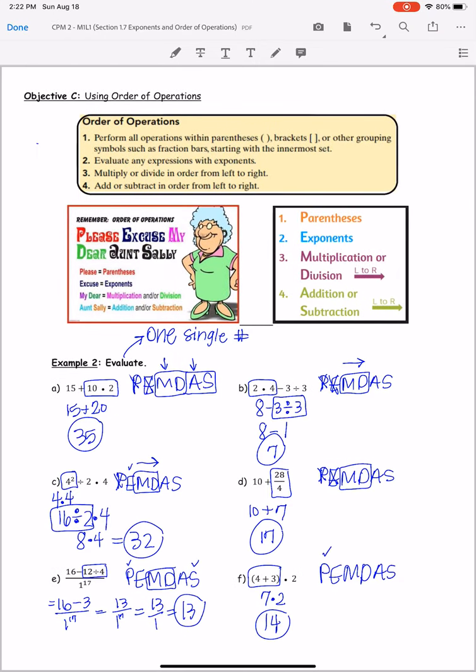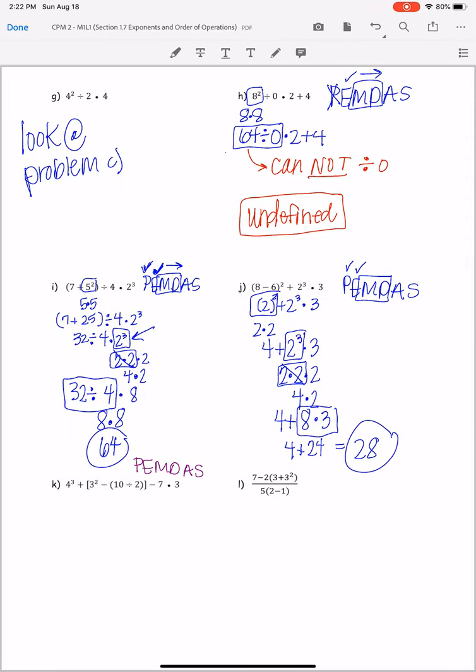Okay. When you have parentheses, in example 1, you've got to start with parentheses, brackets, or any other grouping, starting with the innermost set. So you've got brackets here and parentheses here.